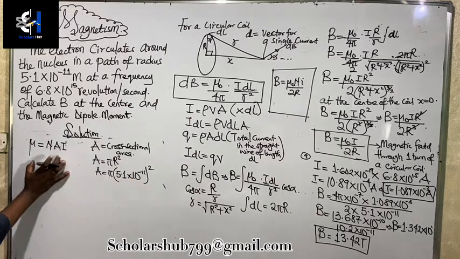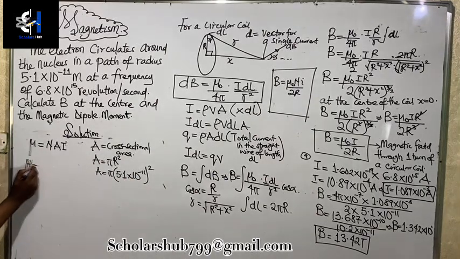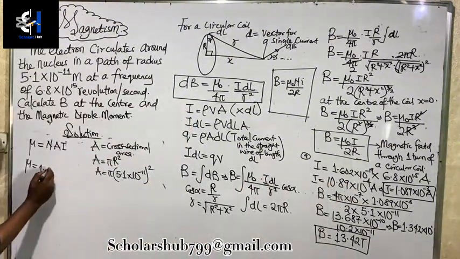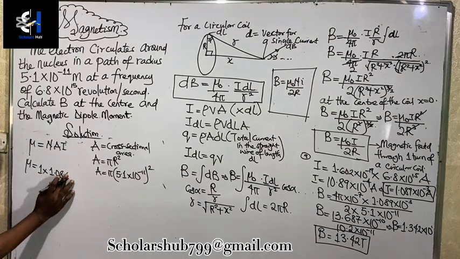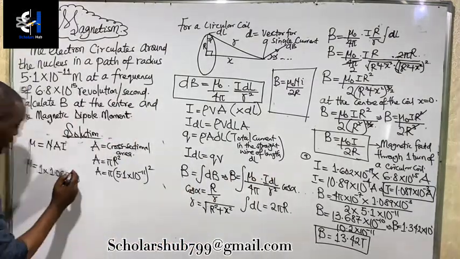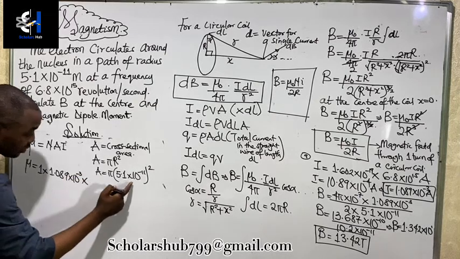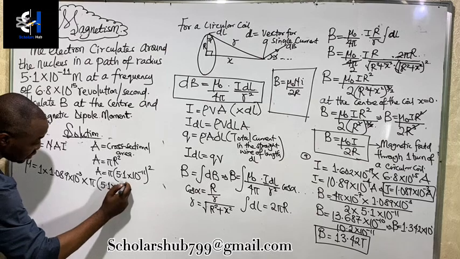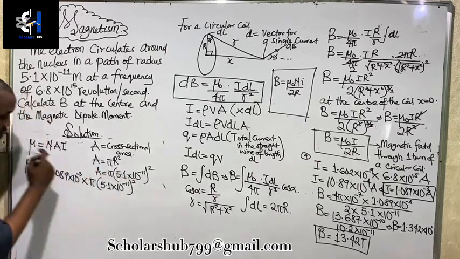So we have the magnetic dipole moment to be 1 multiplied by the current, which is 1.089 times 10 raised to the power of -3, multiplied by pi times 5.1 times 10 raised to the power of -11, all squared.